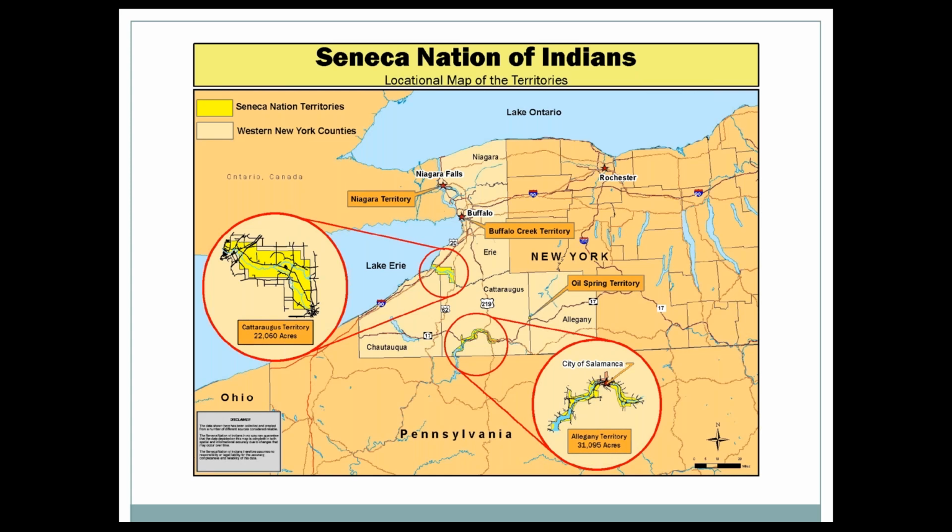And also we have 8 counselors that sit at each territory, and then 3 executives that flip basically every 2 years between the Cattaraugus and the Allegheny territory. So for example, our president's in Allegheny currently, and in our next term, the president would be in Cattaraugus.